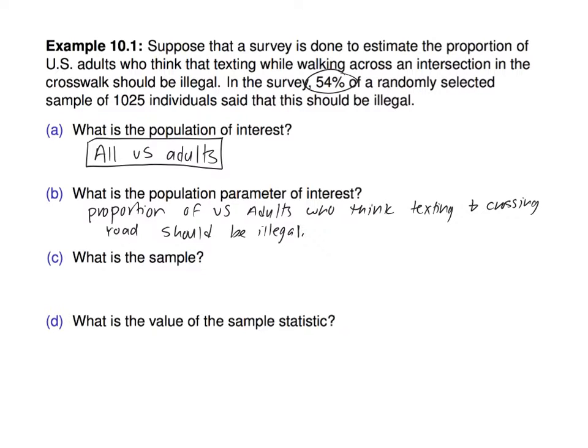So the things you have to have there to really get this right is, first of all, be clear that it's a proportion. Does that make sense? And then a proportion of whom, and then what's their defining characteristic. What makes them special? Who is the sample?